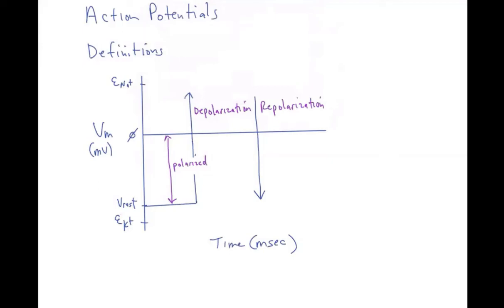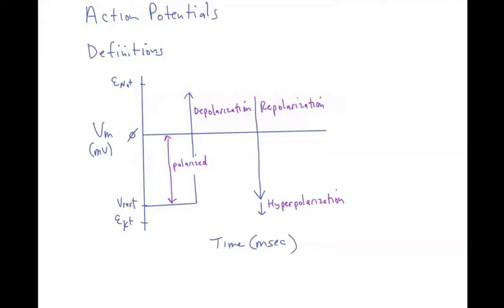And if the membrane potential becomes more negative than it was at rest, and remember, if we're dealing with potassium channels, the most negative it can get would be the equilibrium potential for potassium, there is still some room here to get closer to EK, and that would be considered hyperpolarization. These are terms that we will use when we're talking about not only action potentials, but also effects of different neurotransmitters on neurons.